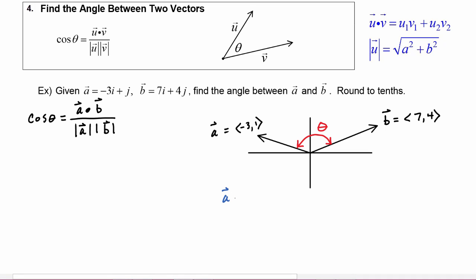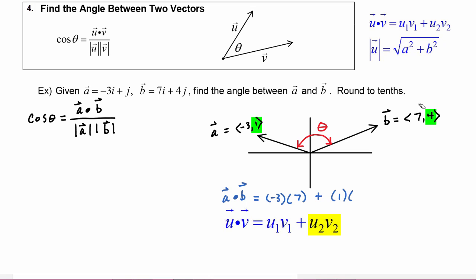Vector A dotted with vector B, we know to do that, we take the product of the horizontal components, so negative 3 times 7, plus the product of the vertical components, which would be 1 times 4.